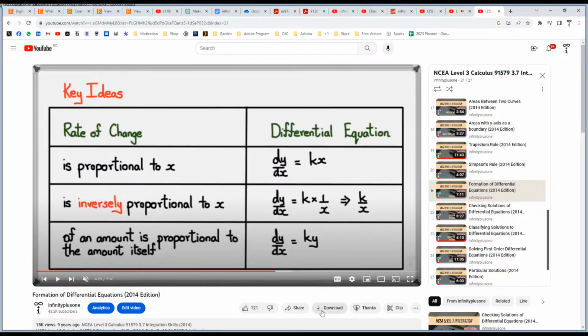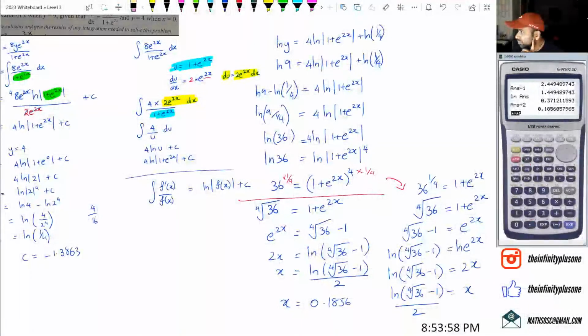Pretty much go through the rules on what happens with each of the situations that you could potentially have. It's under the level 3 integration playlist and it's called Formation of Differential Equations, and if you go there, that should help you out with that.